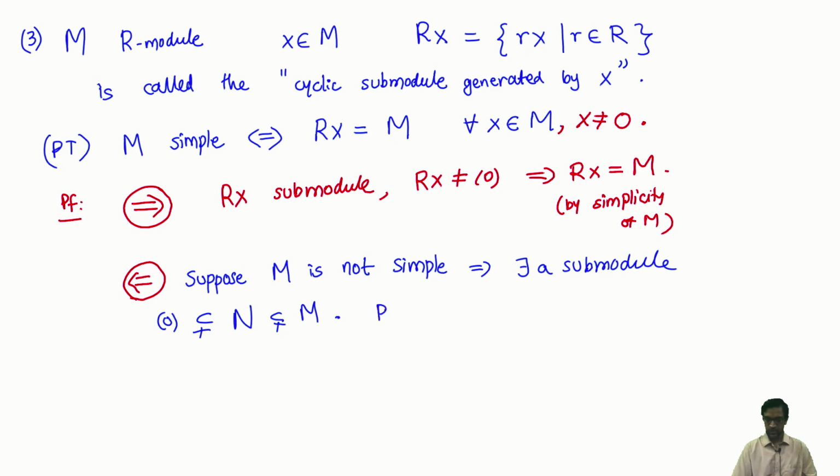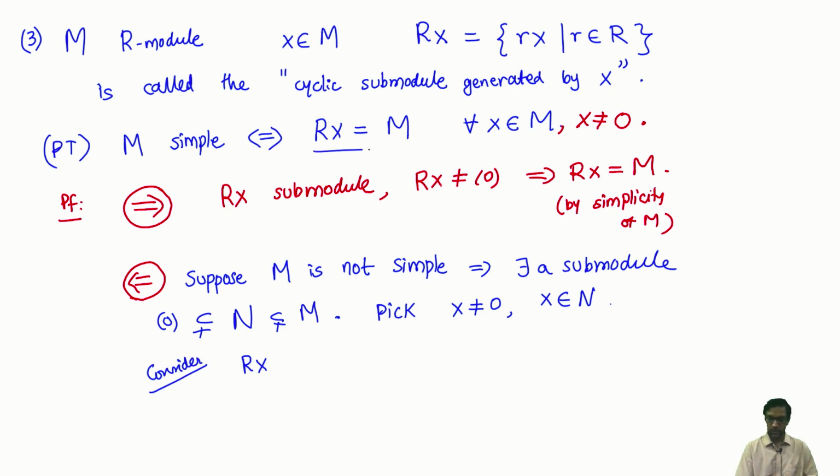So let's do the following. Since N is not 0, let's pick a non-zero element from N. Pick X not 0, X in N. Take a non-zero element of N and consider the cyclic submodule generated by that element, Rx. Now, what do we know?